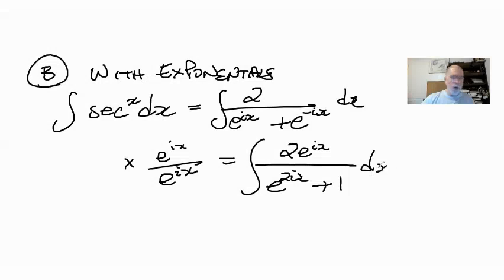All right, now we need to do another substitution, so we'll make u equals e to the ix, and that gives us du being i times e to the ix dx.